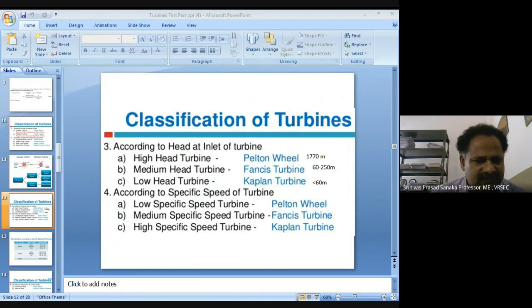The next classification is according to the head at inlet of turbine. In Andhra Pradesh, there is the Srisailam project and Nagarjuna Sagar. The head maintained in Srisailam reservoir and the head maintained in Nagarjuna Sagar both are different.